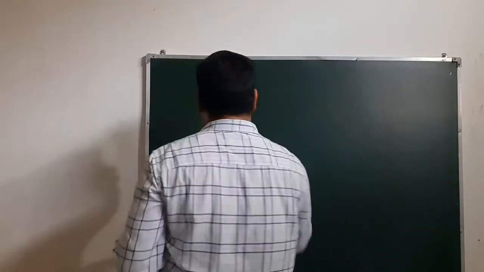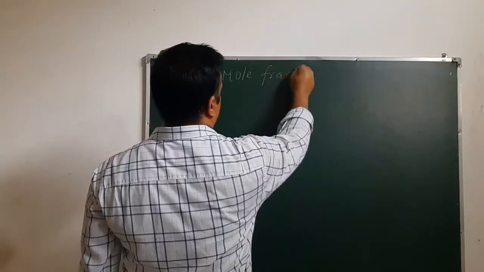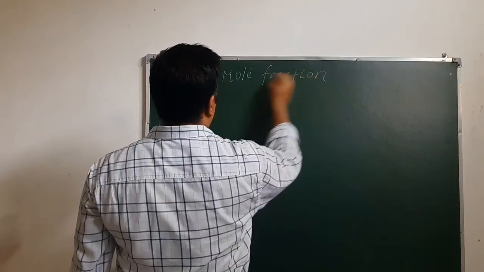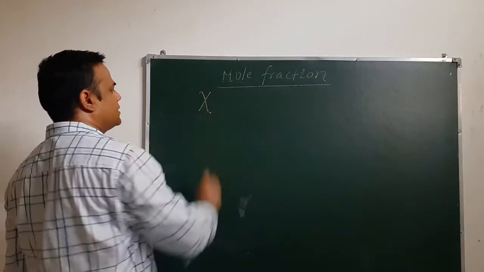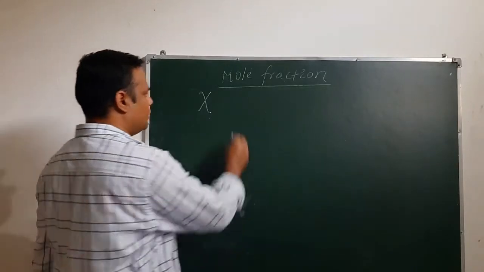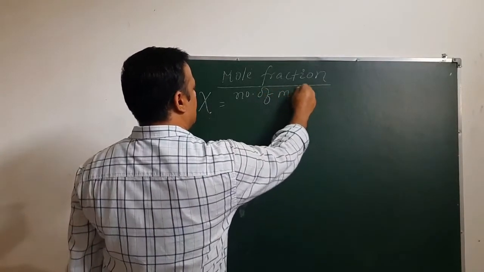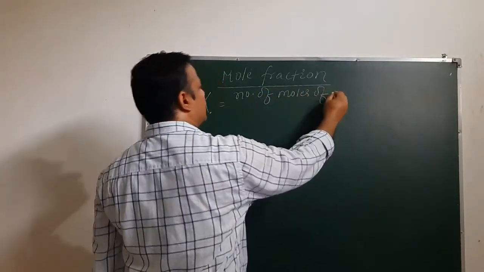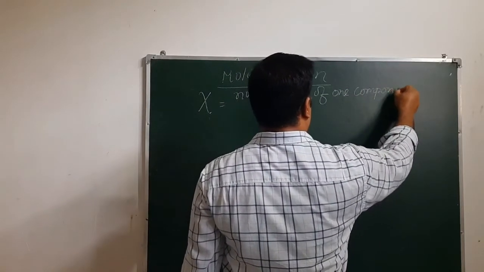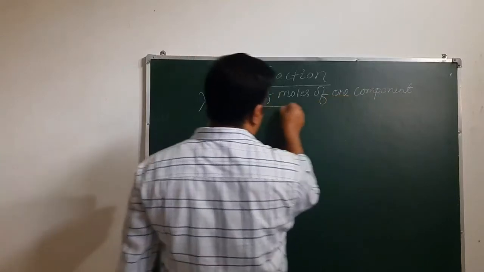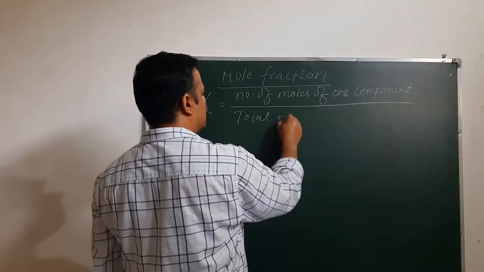Next is mole fraction. The notation for mole fraction is chi, and chi is equal to number of moles of one component divided by total number of moles of solution.